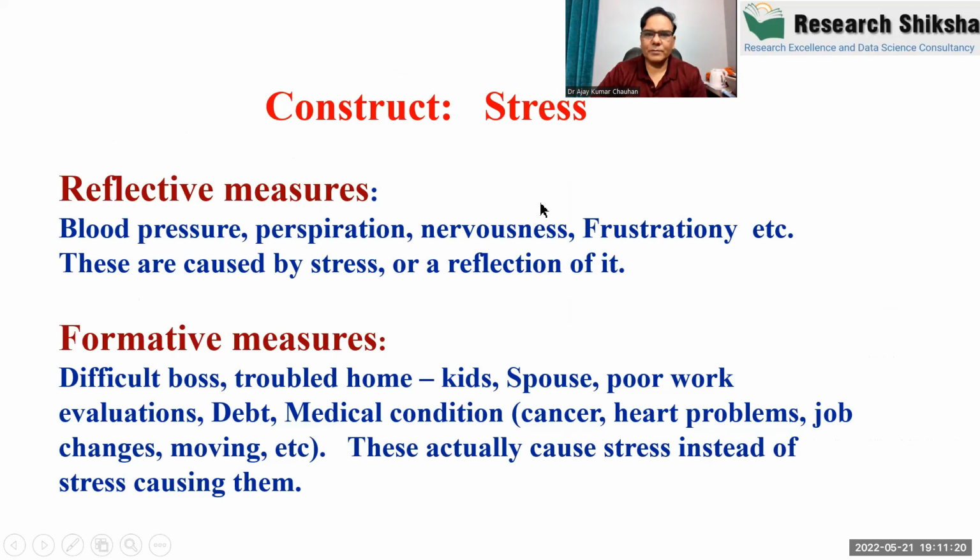For example, if we consider stress, reflective measure means when you are having stress, how it is reflected by blood pressure, nervousness, frustration. Formative means from where it is coming. So whenever I say stress as formative, I'm asking from where it comes. Like it comes from a difficult boss, troubled home, medical condition. So this is formative.